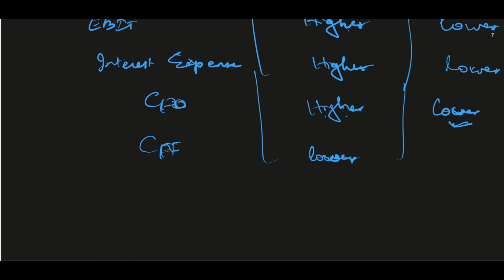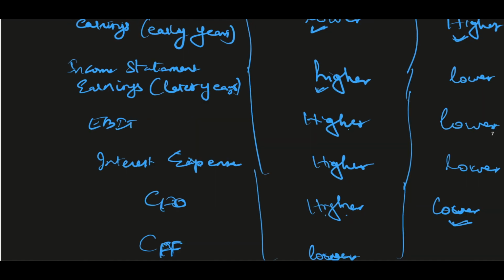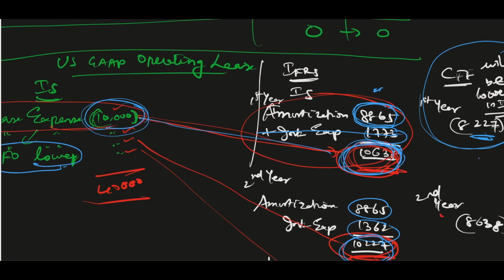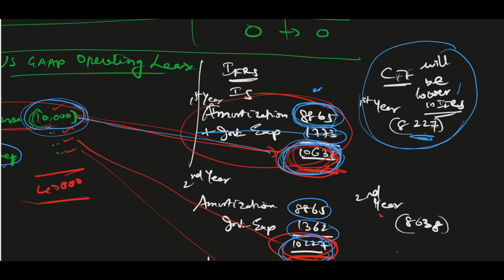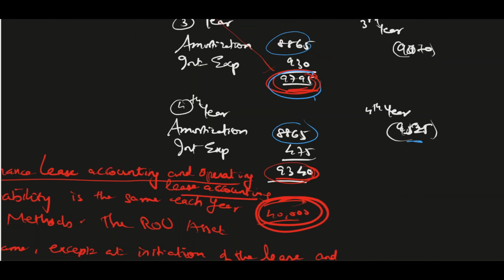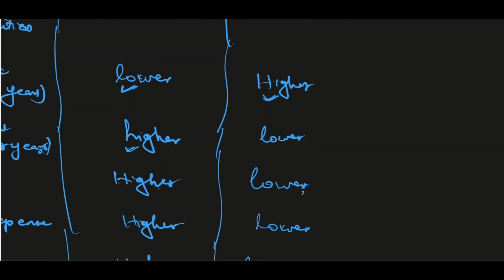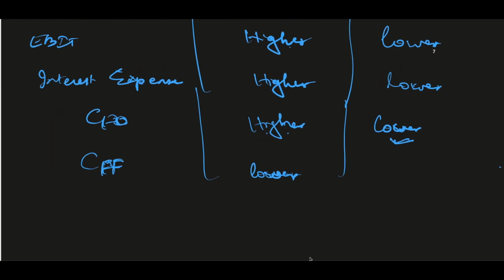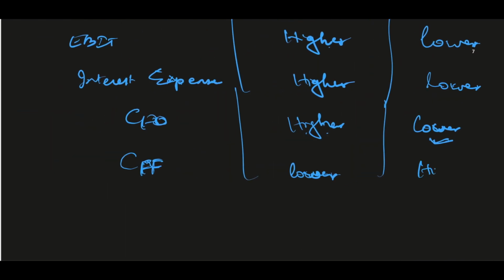See, cash flow from financing, basically think about cash inflow. So the inflow will be lower because every time you are showing cash flow as 8,227, 8,638, 9,525, 9,070. When you show cash outflow, overall your cash flow from financing, that means inflow, will be lower, and here it will be higher.